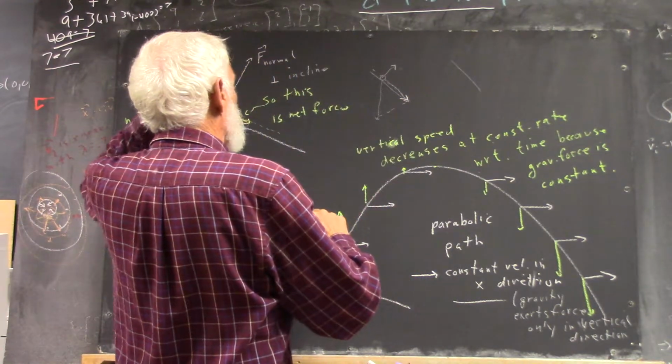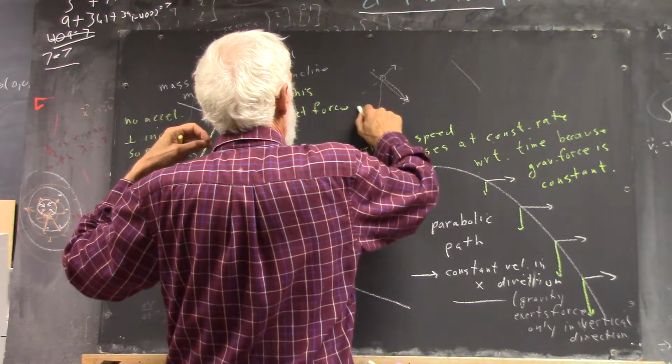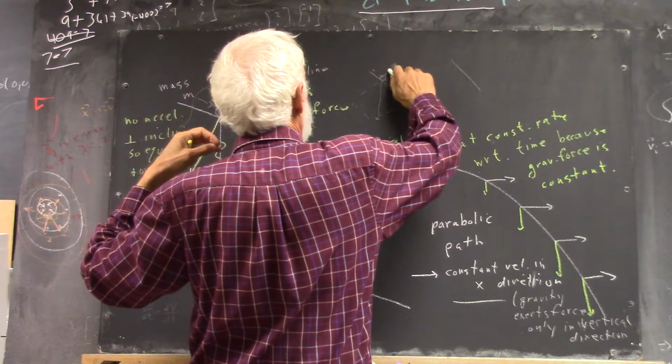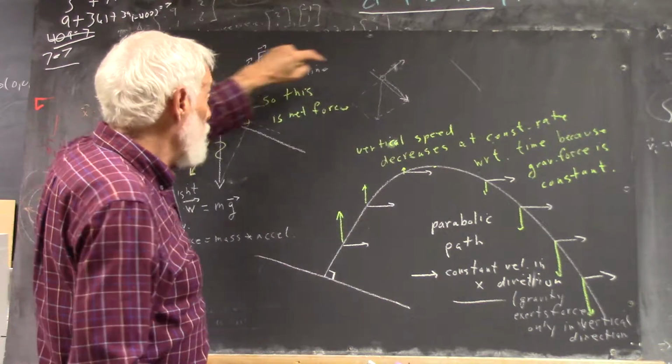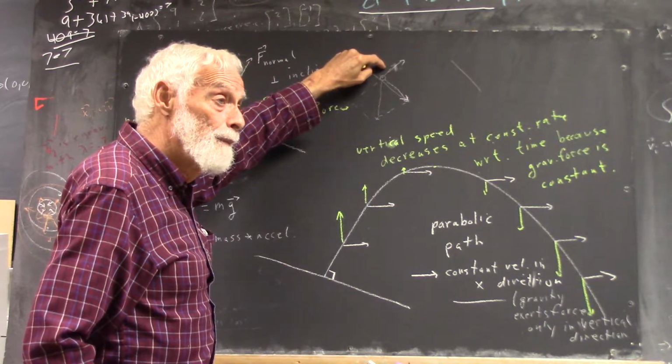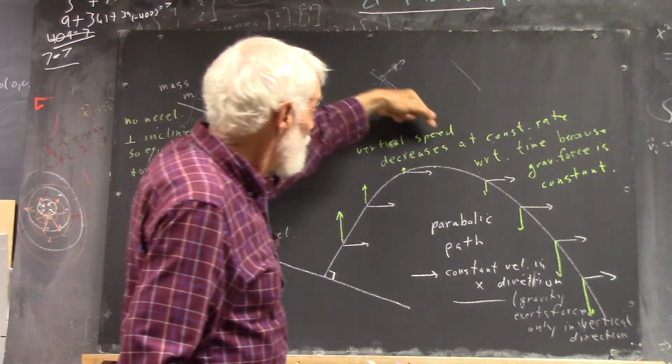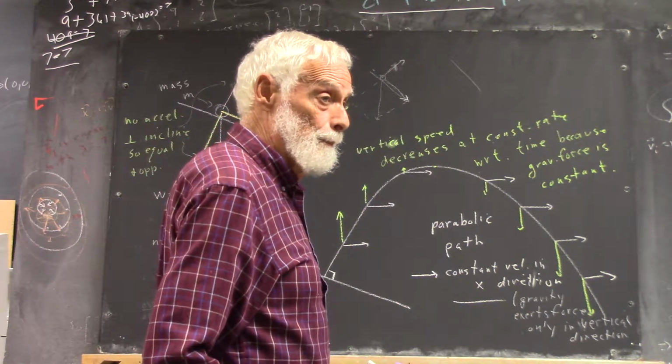I didn't exactly draw that well. That one's actually quite a bit bigger than I drew it, but it's less than it is here. So this normal force becomes less, and this net force becomes greater.